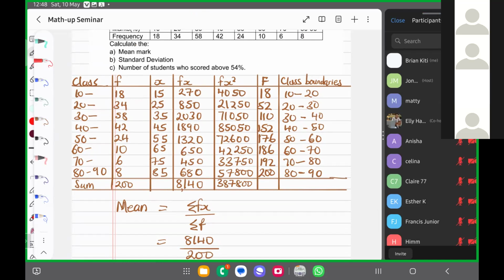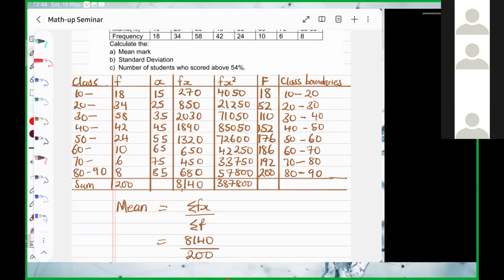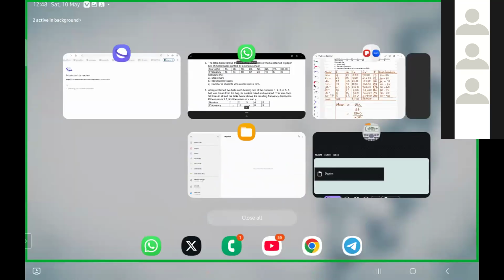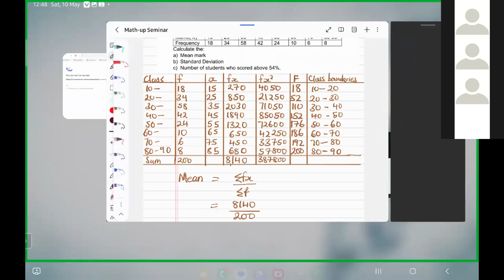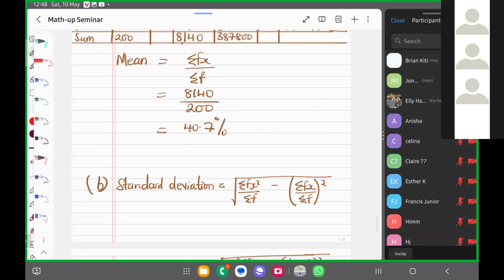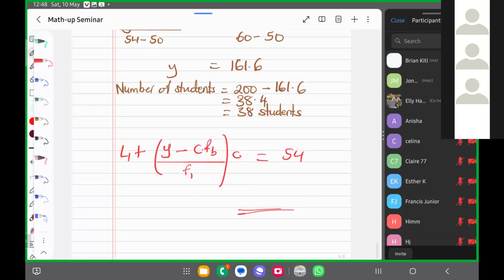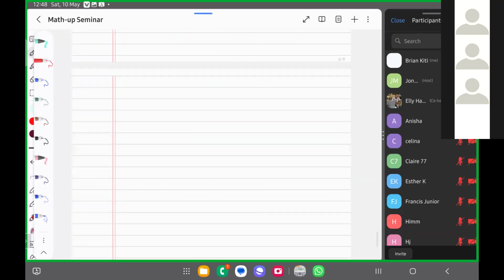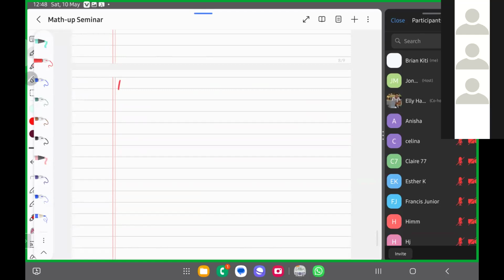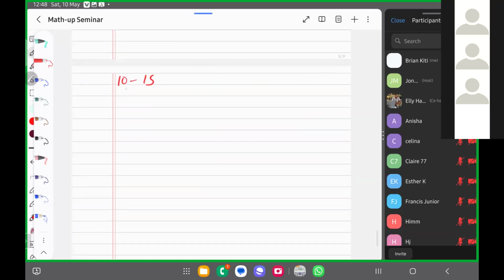Yeah, so there are various. Let me see if I can open my textbook here. You can be given data of different sets. Now, assuming we had been given, like the previous question, the one Jonathan did, 10 to 15, then maybe 20 to 30, and so on.